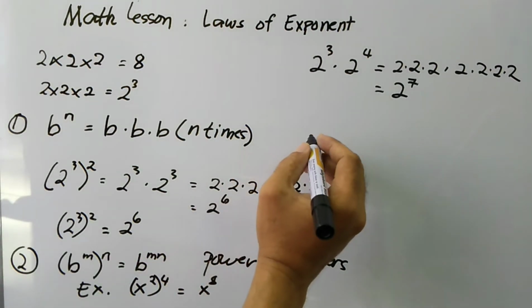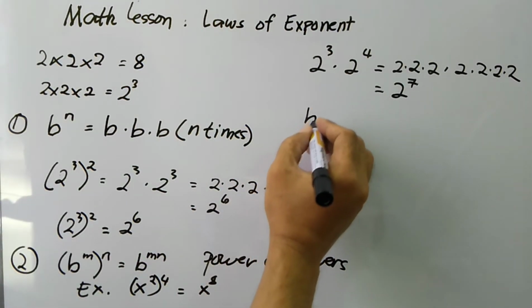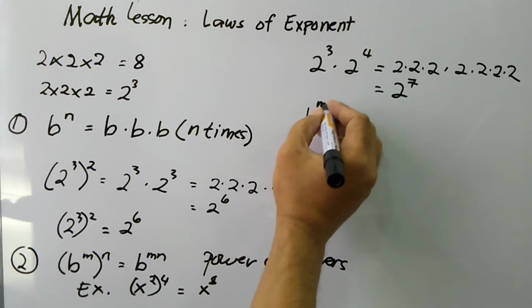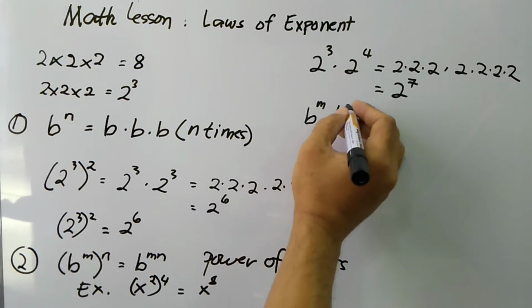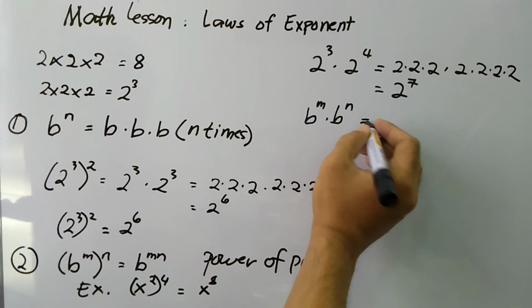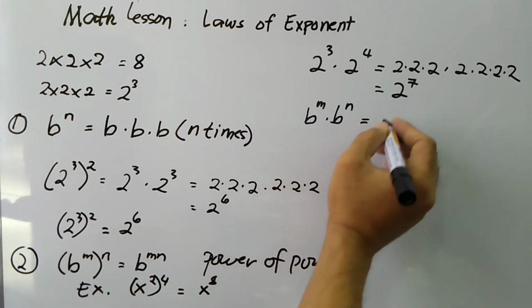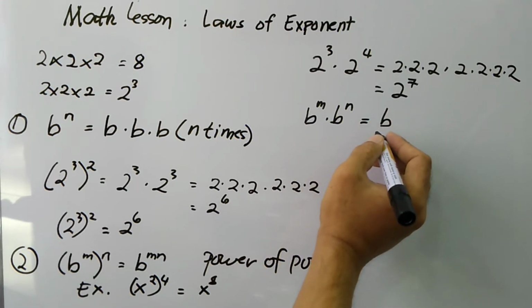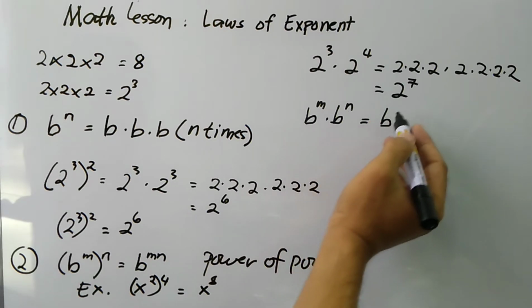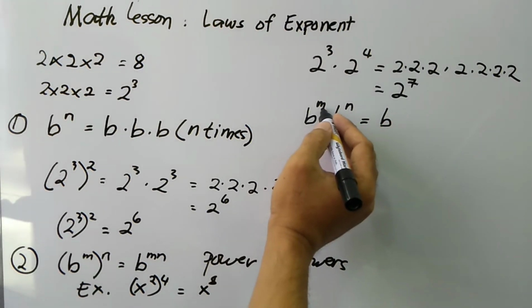In symbols, we can write b raised to m times b raised to n equals, copy the base b, and what happened here is our exponent will be added, m plus n.